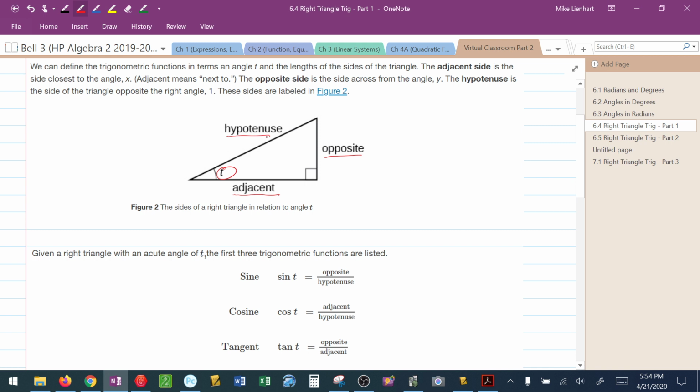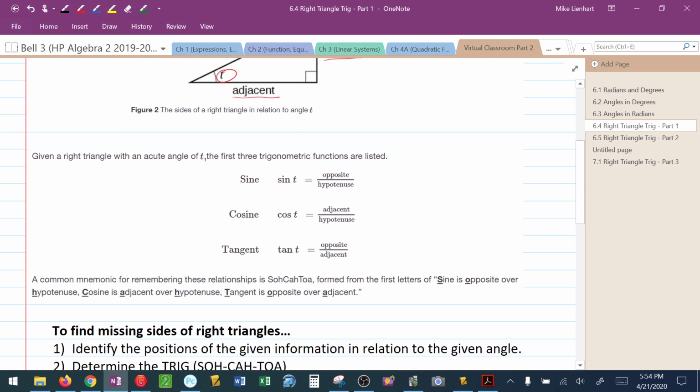There are 3 general trigonometric functions: sine, cosine, and tangent. Each one of them can be represented by a trigonometric ratio. The ratios are: sine is opposite over hypotenuse, cosine is adjacent over hypotenuse, and tangent is opposite over adjacent.